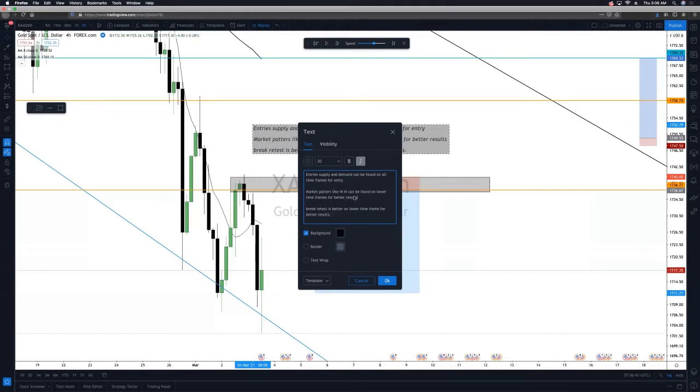So just understand what I said about market patterns. Fibonacci patterns are more universal. It's just more universal in a way, just because it's better.